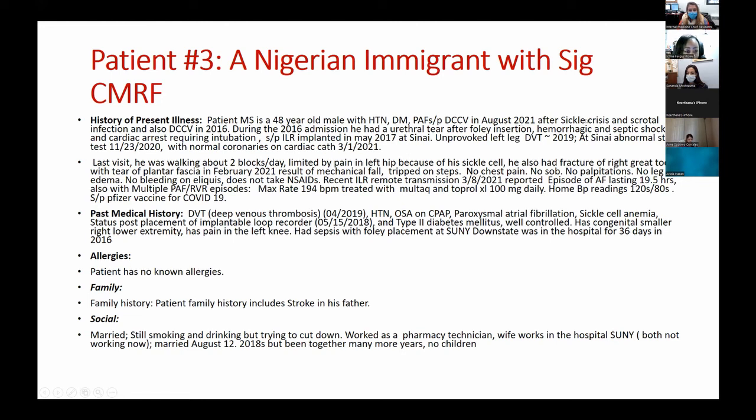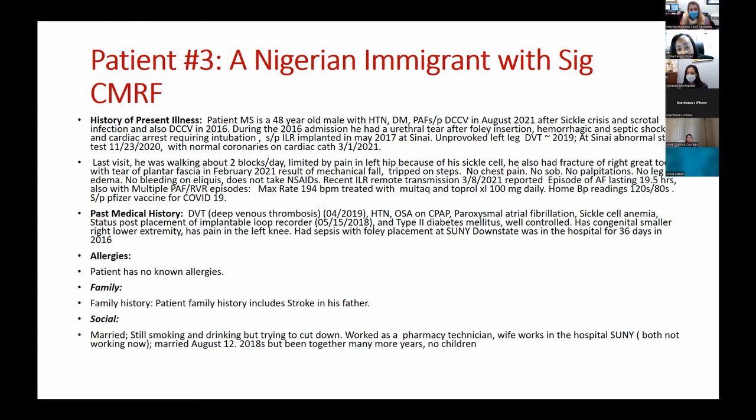He has sickle crisis. He had some AFib before and was cardioverted at an outside hospital where they put in a Foley. They caused a urethral tear. It ended up leading to hemorrhagic and septic shock and cardiac arrest in this patient in 2016, and he stayed there for quite a long time.